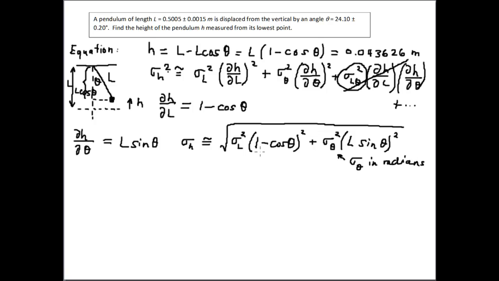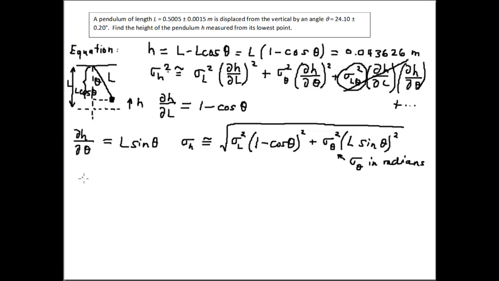Of course, cos theta and sine theta doesn't matter. As long as your calculator is set in the right mode, you can just plug in 24.1 degrees and find the cosine of that. But here, where we have to plug in the error in theta, we'll have to convert 0.20 degrees into radians. All right, and I won't do that conversion for you, but I just mentioned that.